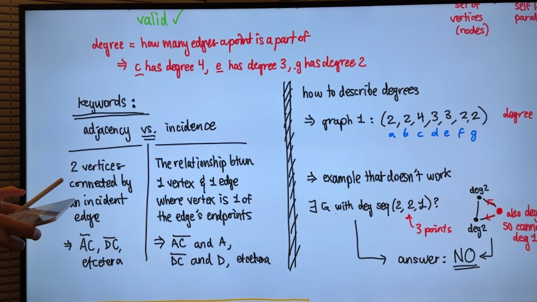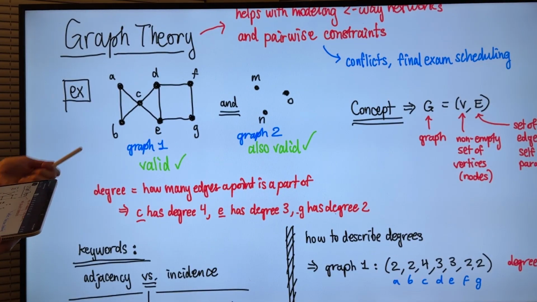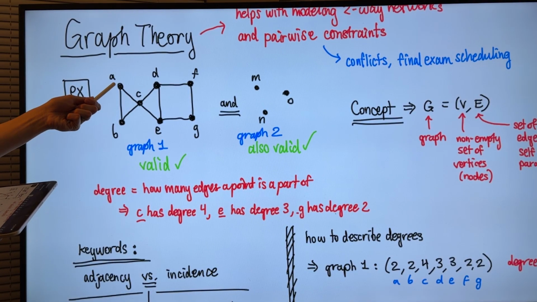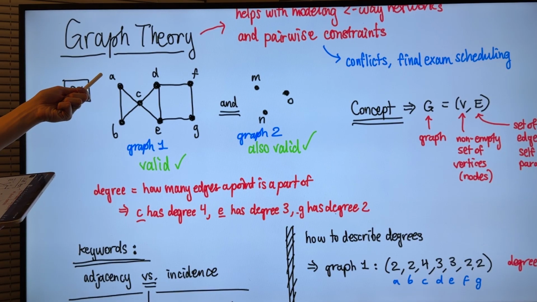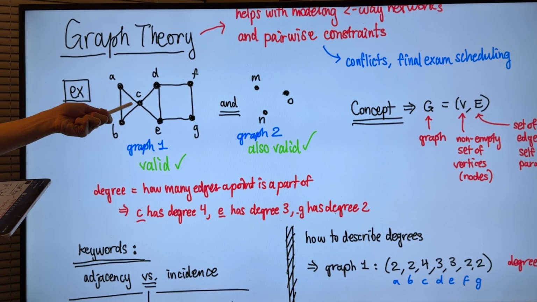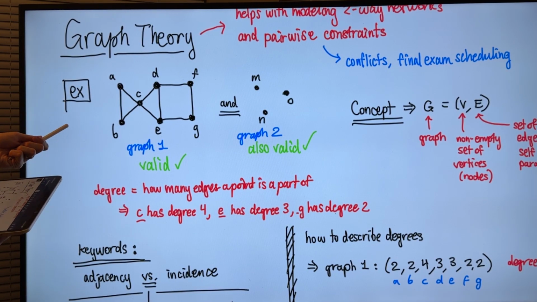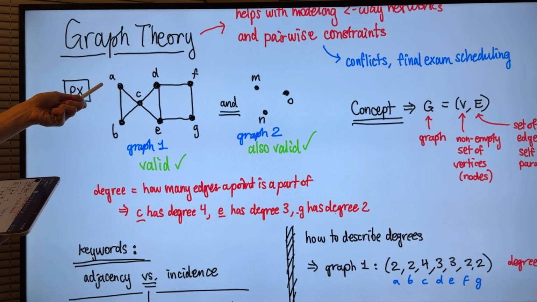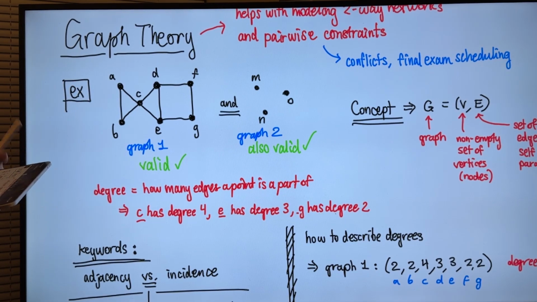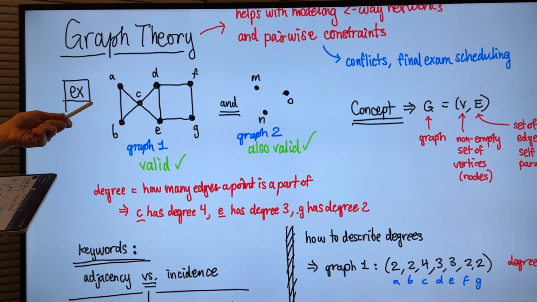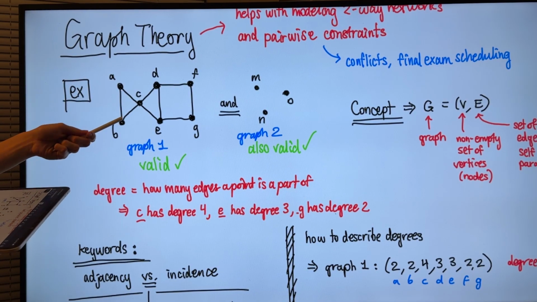If we go back up, for example, with this edge AC, we see that vertex A is a part of AC. Therefore, we say that vertex A and edge AC have this incidence. They have this relationship that ties them together. A is part of AC.